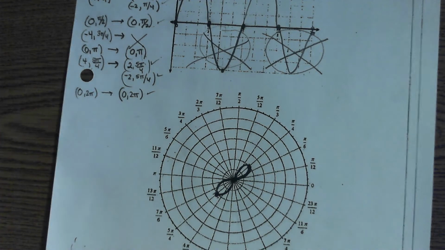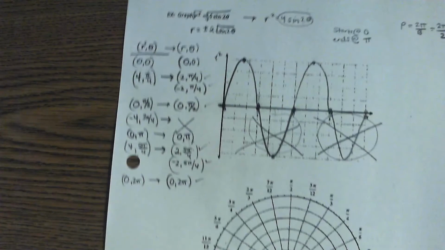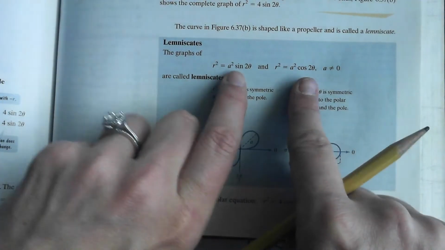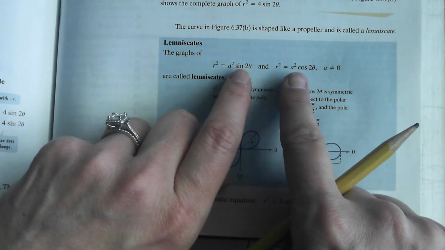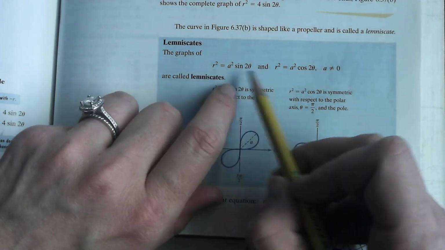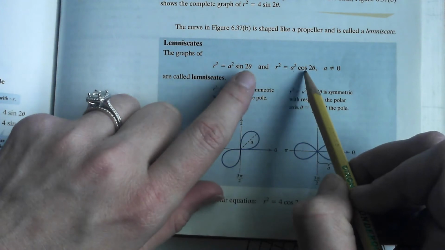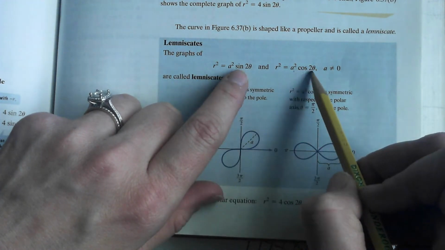I think the r squareds in general always look like an infinity symbol. Let me just show you, yeah. So here's really the two types. With the r squared, there's a coefficient, and then either the sine of 2 theta or the cosine of 2 theta.